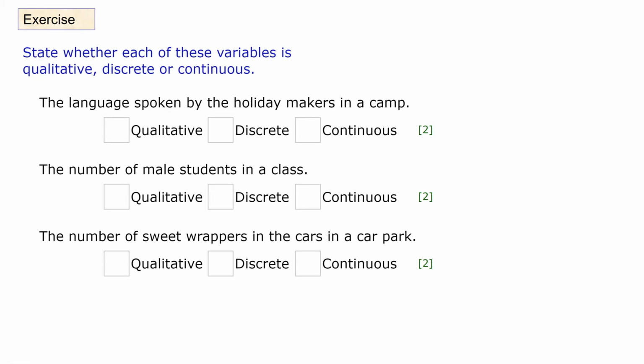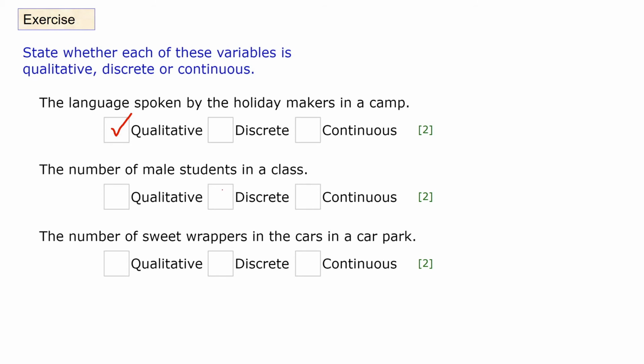Okay then, so we have to state whether or not each of these variables is qualitative, discrete or continuous. So the language spoken by the holiday makers in a camp. So a language, you could have French, you could have Spanish, etc. They are words. So remember, qualitative data is words. So we would tick that. The number of male students in a class, you'd count the amount of students.